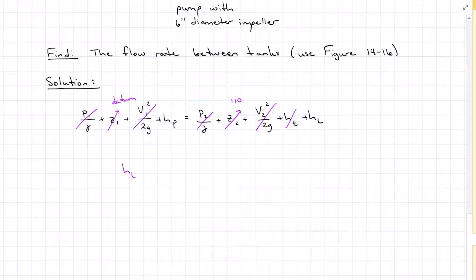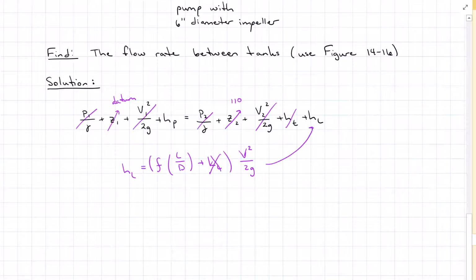Remember that head loss is equal to friction times L over D plus KL times V squared over 2g. We're going to neglect minor losses because this is a 100-foot pipe, so friction losses are going to far outweigh the 2 little bends that we've got drawn there.